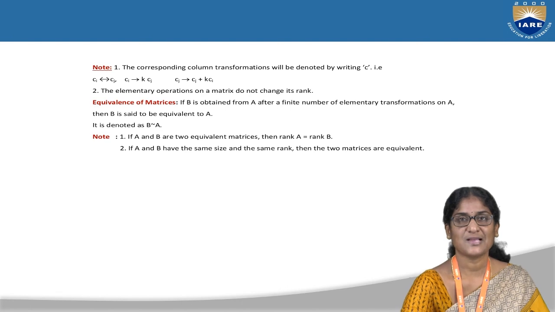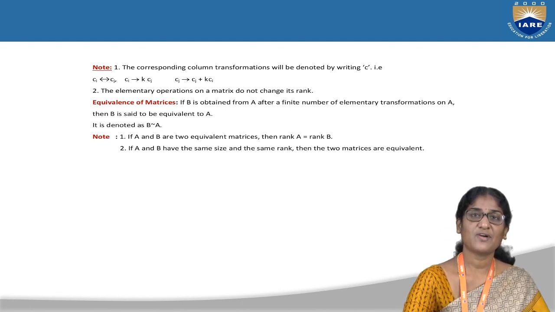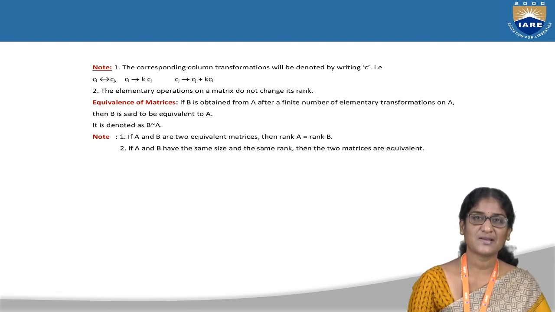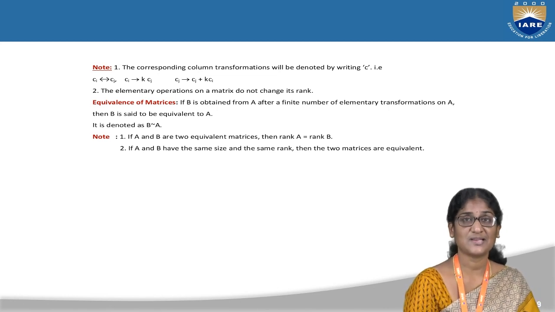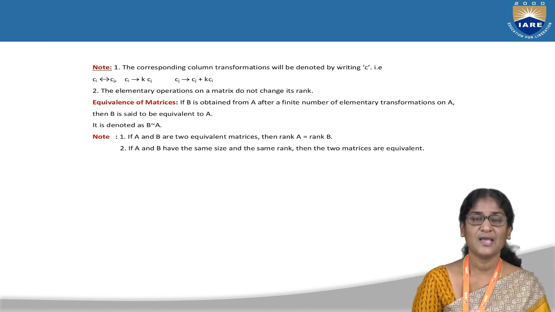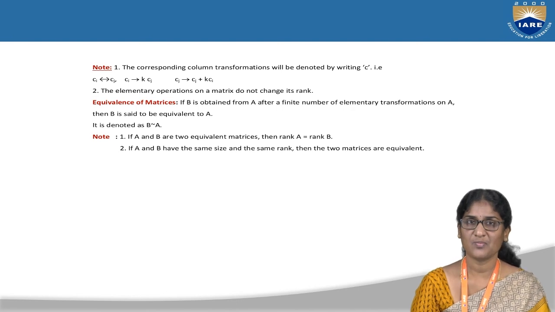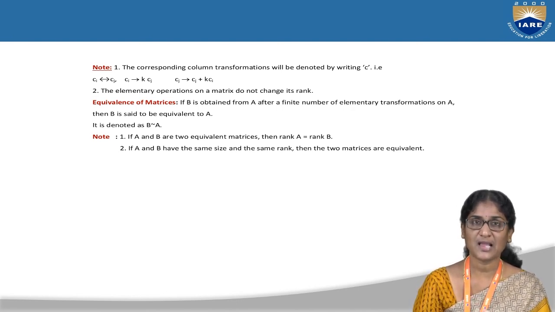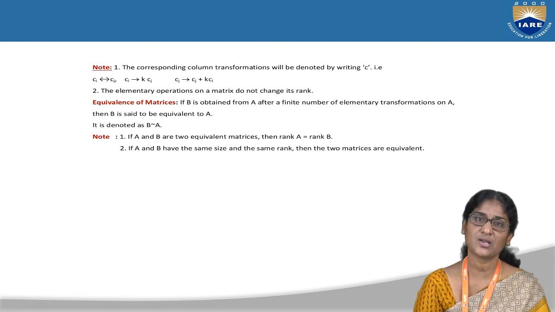In the next class, we'll try to find the rank of the given matrix by the very first method, that is the echelon form, using the elementary row or column operations. While determining the rank of the given matrix by calculating its determinant, it will be easy if the order of the given matrix is less than or equal to 3.